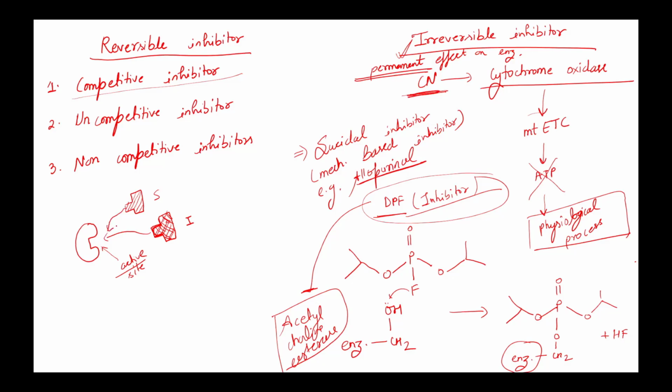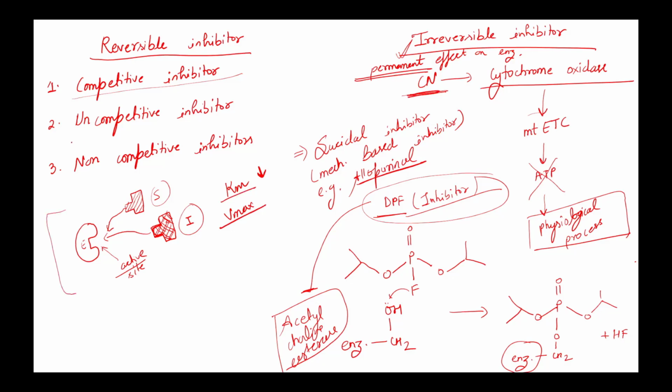So now there is a competition between substrate and inhibitor to bind to the enzyme. Because of this competition, the affinity of substrate in presence of inhibitor decreases. So because of the decrease in the affinity, our Km value increases in competitive inhibition, but the Vmax value remains the same. No change in the Vmax value in competitive inhibition.